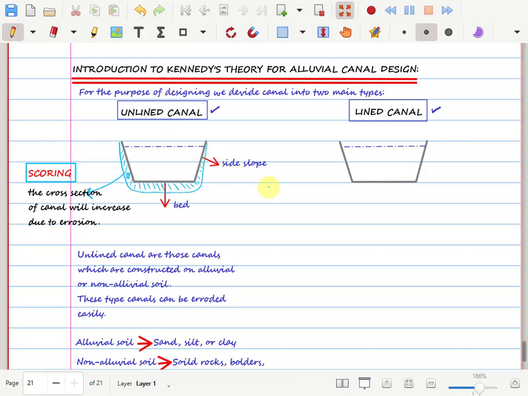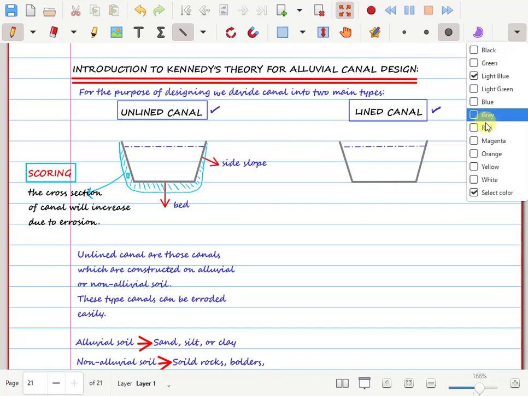Okay, the second case can be lined canals. Actually, the lined canals, as we have discussed, are those canals which have been constructed by using any binding material such as cement, tiles, stones, right?